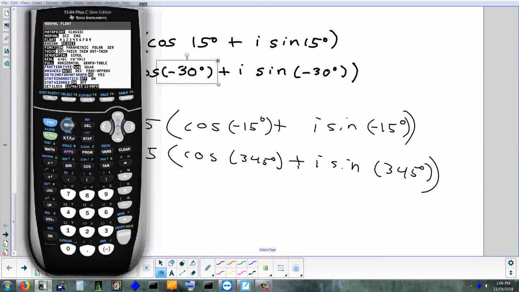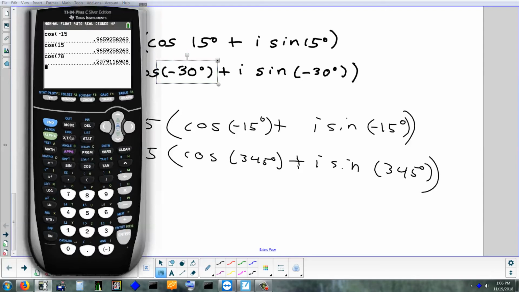Let's take the cosine of negative 15. It doesn't matter what you get. I just want you to compare it to this. What's the difference? Nothing. Let's just try another one. Let's try cosine 78, cosine negative 78.